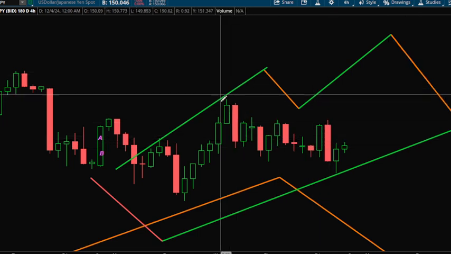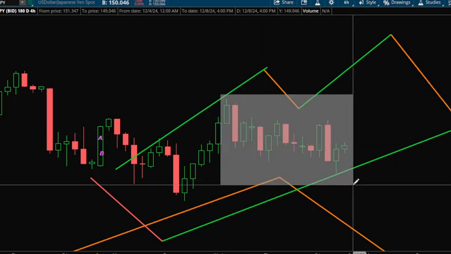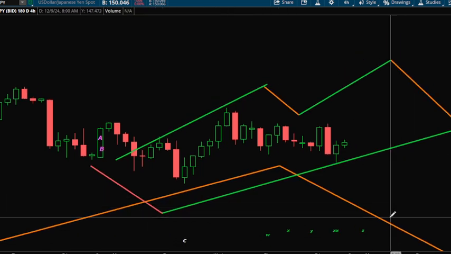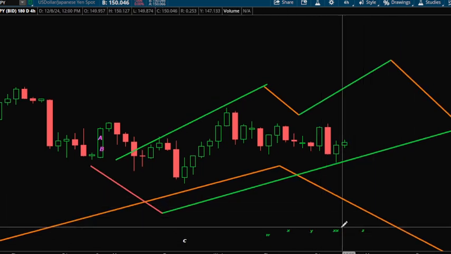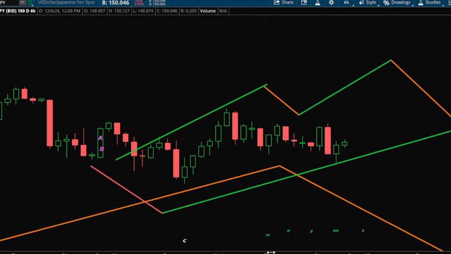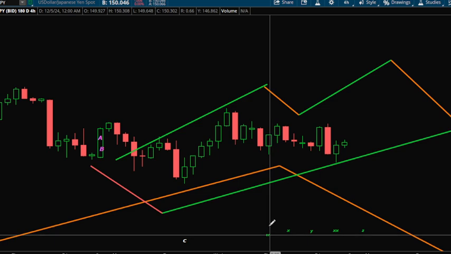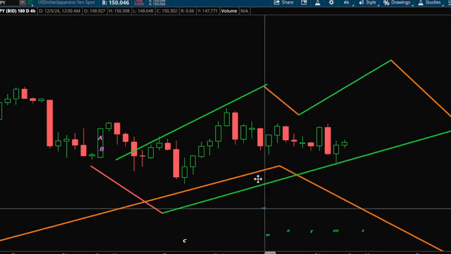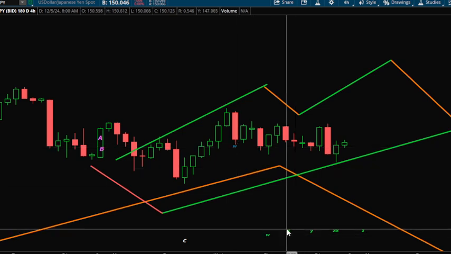Right now I'm counting this move as a complex correction, more or less a 333 WXY XXY correction, or WXY XXZ correction from here. So it might be something like this.